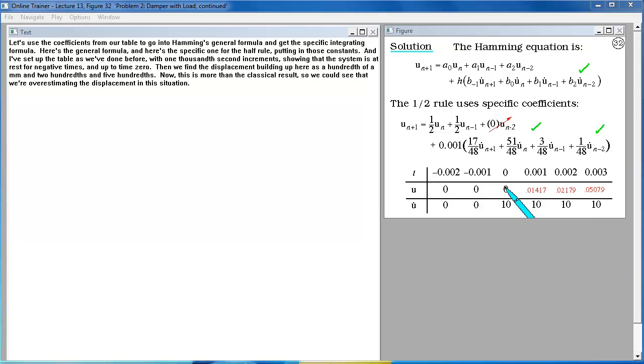Then we find the displacement building up here as 1/100th of a millimeter and 2/100ths, and 5/100ths. Now, this is more than the classical result, so we can see that we're overestimating the displacement in this situation.